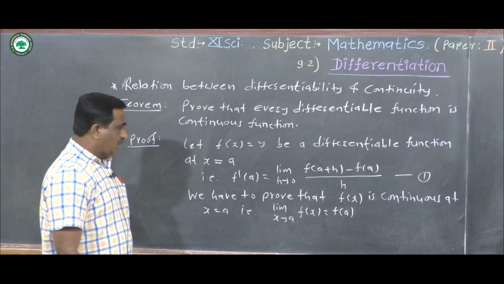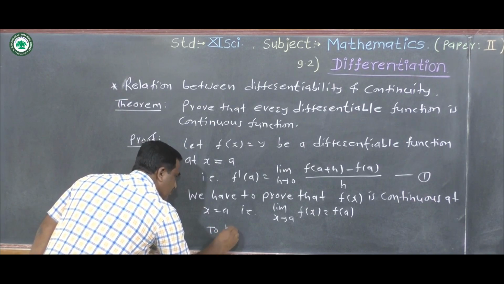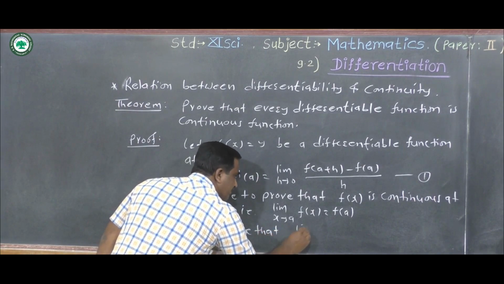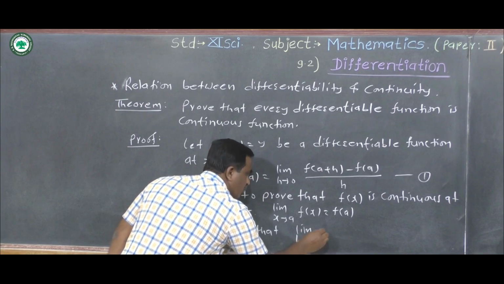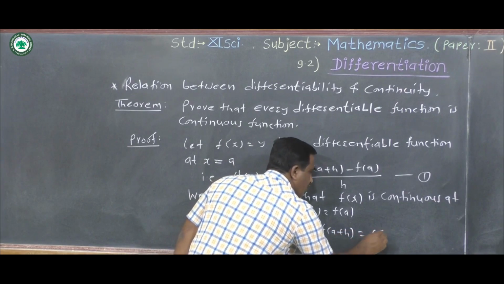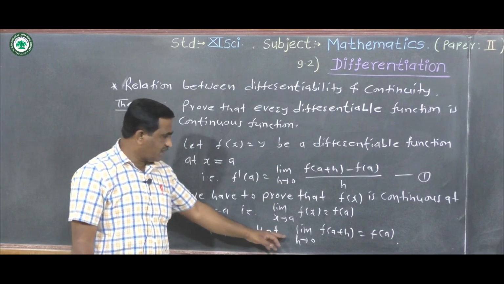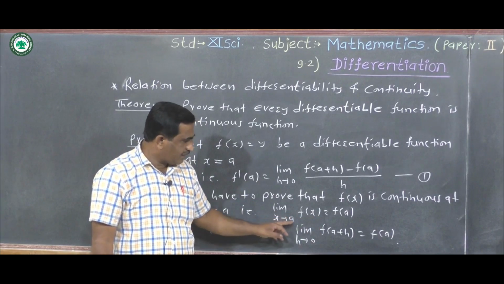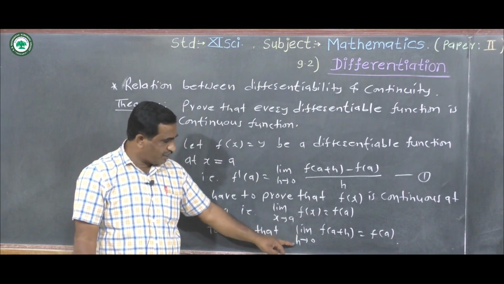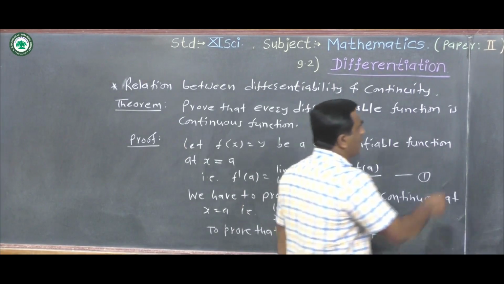So we have to prove that limit h tends to 0 of f of a plus h is equal to f of a. First we prove this equation, limit h tends to 0 of f of a plus h is equal to f of a.